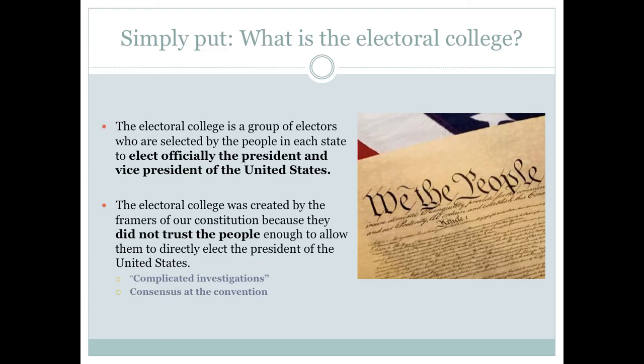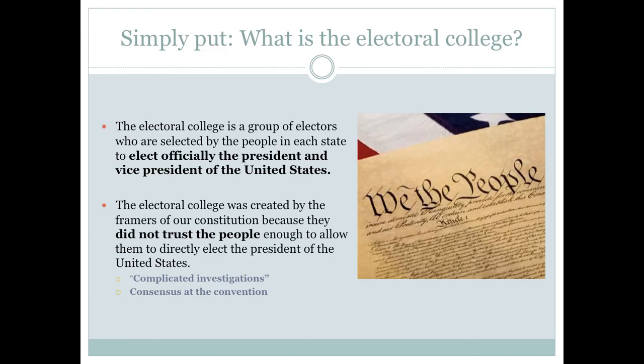Today it's so much easier to come upon information through the internet and through television and through various other journals and articles. But in those times, information was a little bit more hard to come by, depending on where you lived, of course. And so the founding fathers, the framers who put together our Constitution, simply didn't trust the folks.